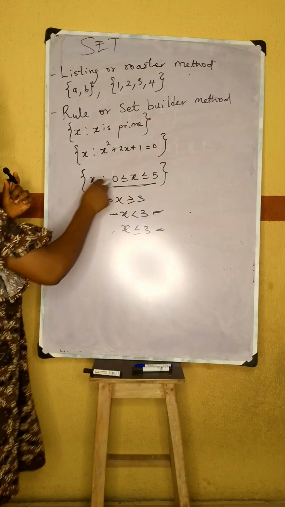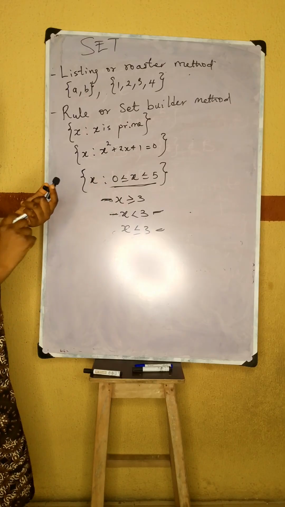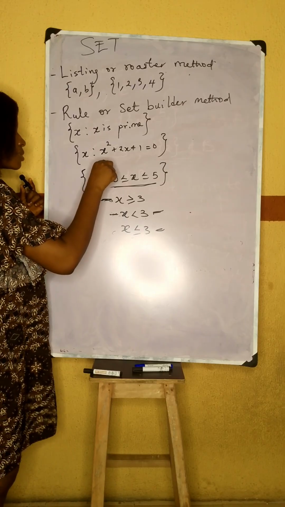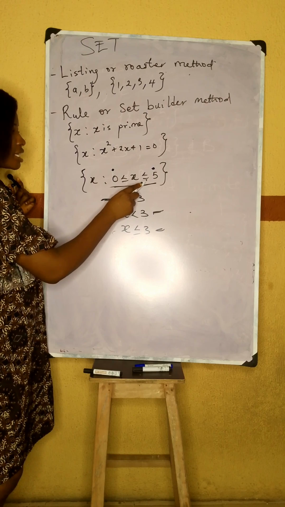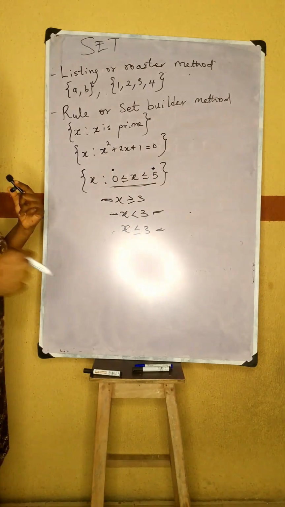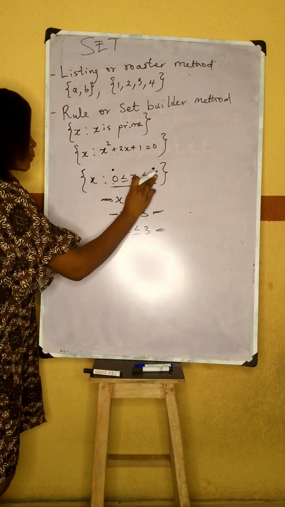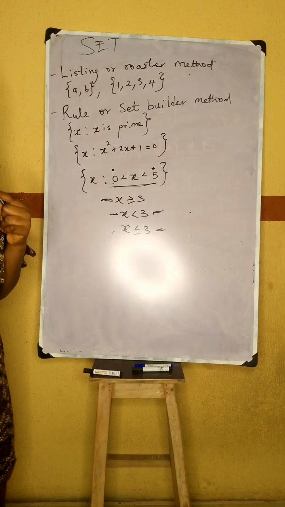Whenever you see an interval like this, what it's simply saying is that S is starting from here and ending here. Now, this one is closed. When it's closed, it's saying that 0 and 5 are also included. But if it's open, it's saying that 0 and 5 would not be included.